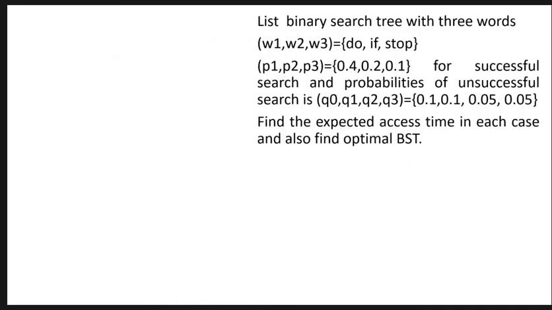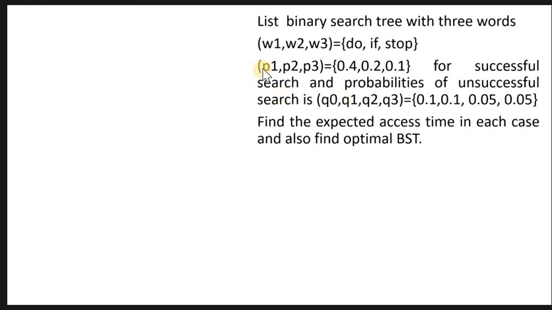To consider this problem, take a binary search tree with three nodes, do, if and stop, with the probability of success as 0.4, 0.2 and 0.1. And the probability of unsuccessful search is Q0, Q1, Q2 and Q3. That is 0.1, 0.1, 0.05 and 0.05.